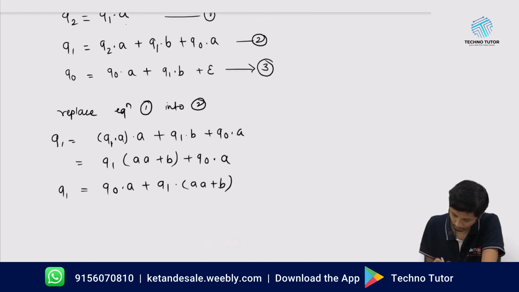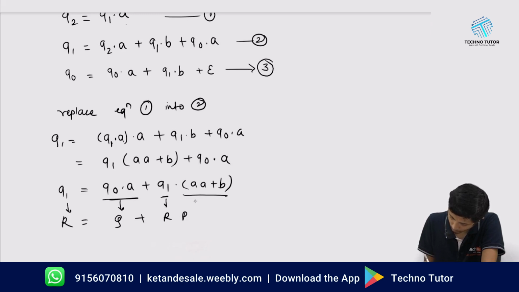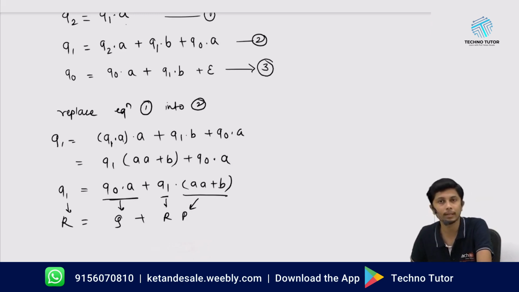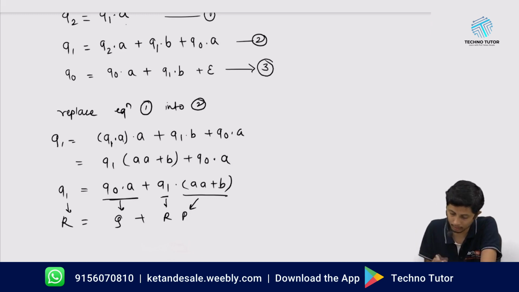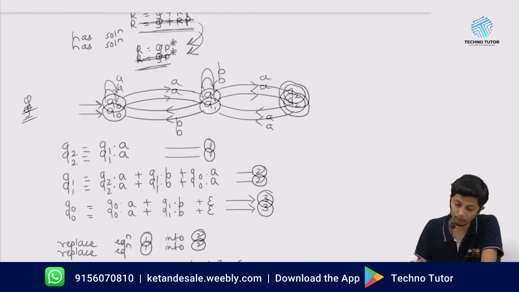Then this type of mapping we can do, where R is nothing but Q1, then Q plus RP. See, everything is matching, so we can now use the theorem R is equal to QP star.